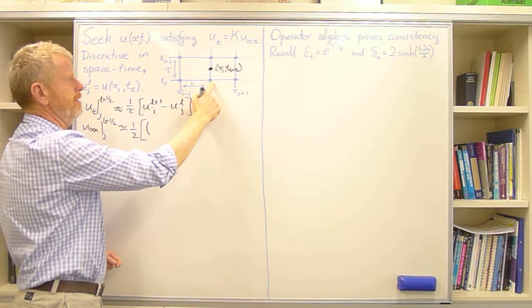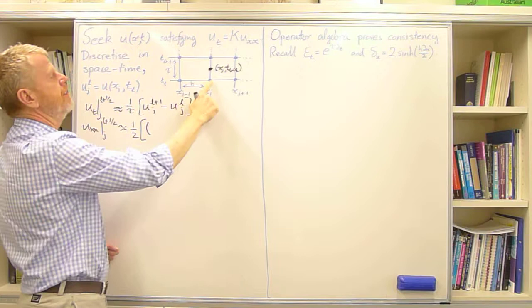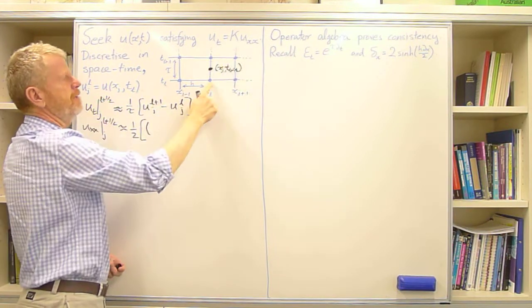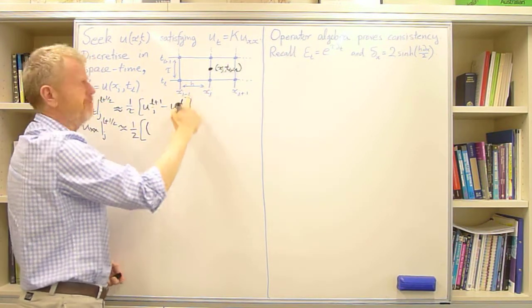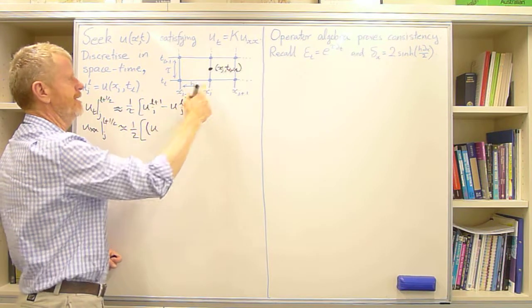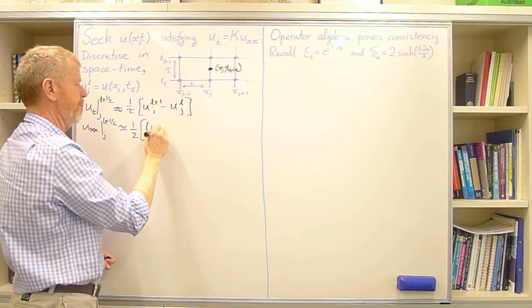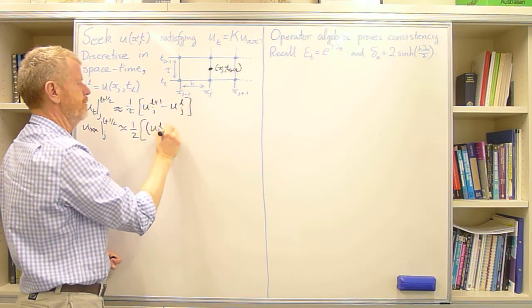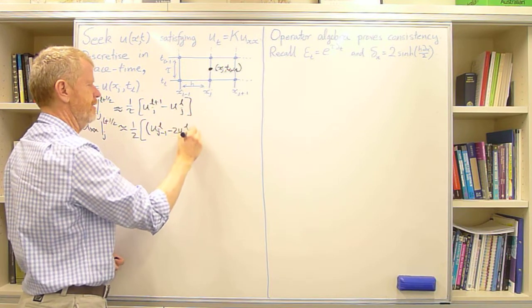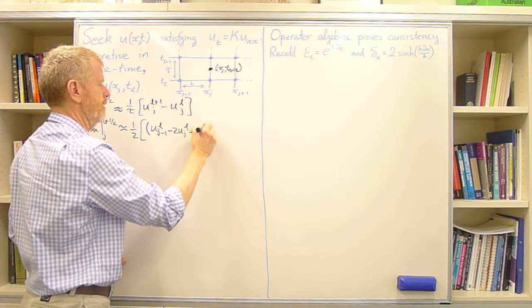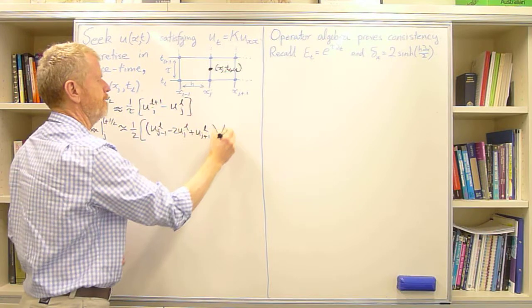Right, so at time L, the second derivative can be given by our well-known formula, namely u_(j-1)^L minus 2u_j^L plus u_(j+1)^L divided by h squared.